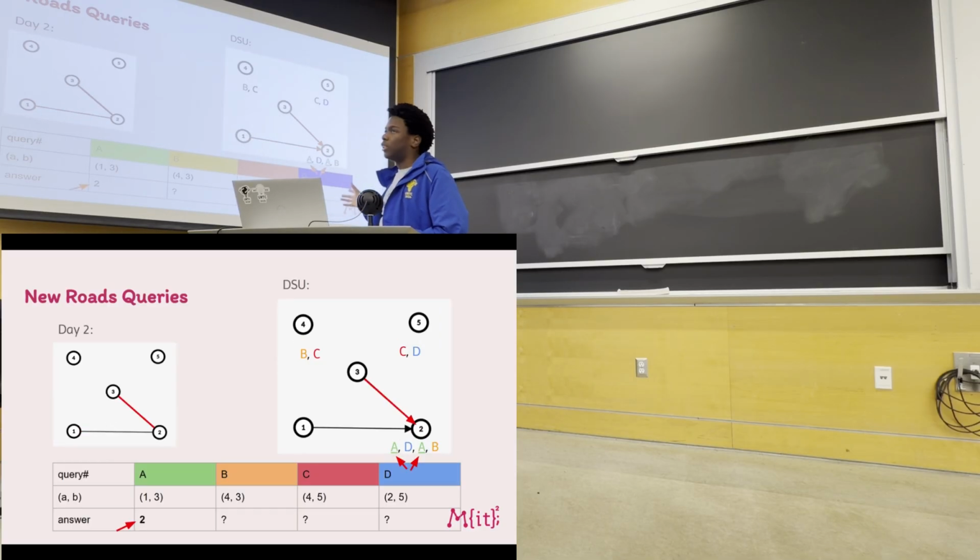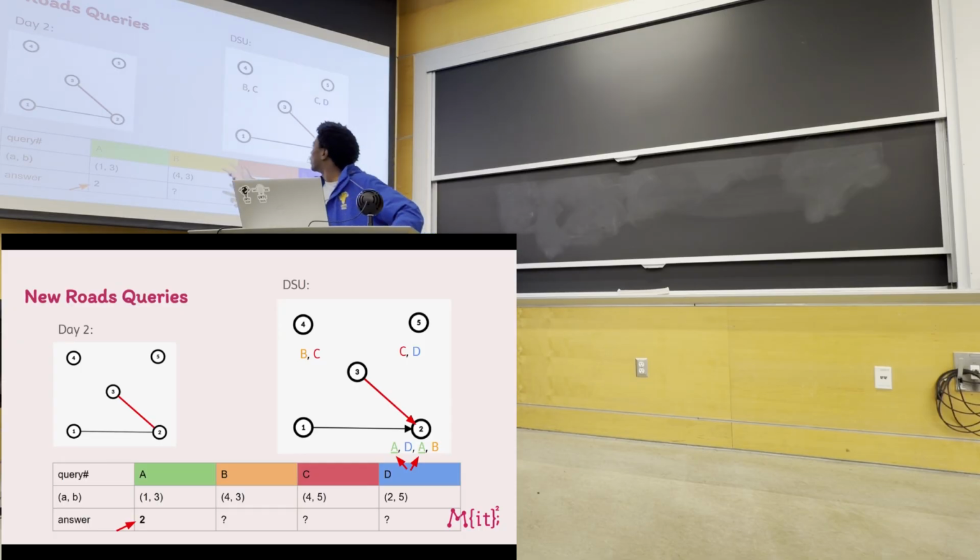Once you merge two sets, you can see that you had two connected components involved in the same query, and that was query A. This happens exactly when we have a query where both nodes are in the connected component, and that's our answer. Since this happened on the second day, we would return 2 for query A.